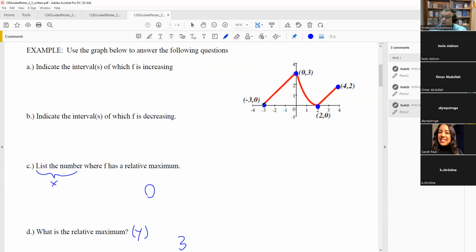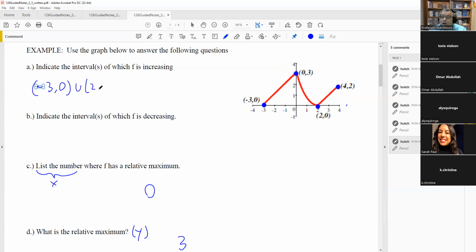You have this section between -3 and 0, and this section where the graph's going uphill, between 2 and 4. So I'm going to put those down: between -3 and 0, and between 2 and 4.